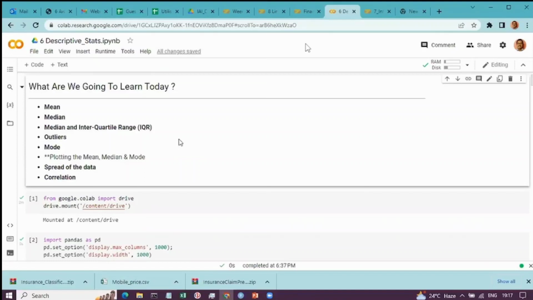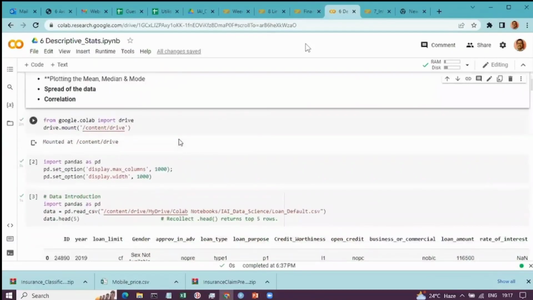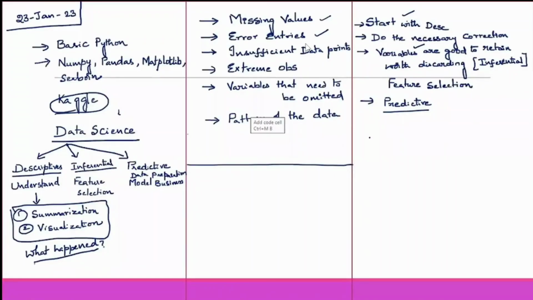And so here I would be taking two data sets. One is the loan default data set, which we have anyhow taken. So this is one data set we would be using for classification problems. I'll define these problems slightly later.